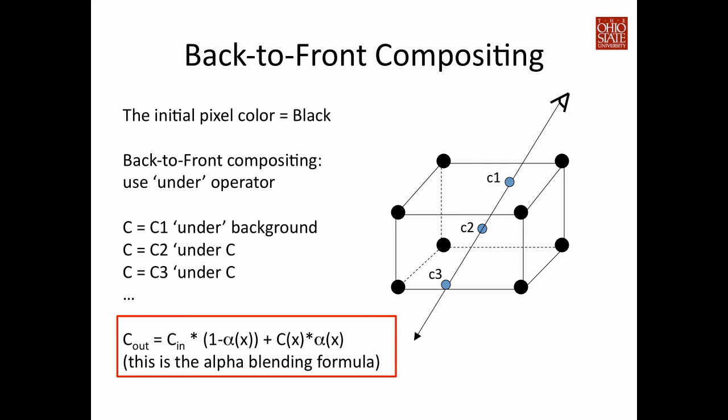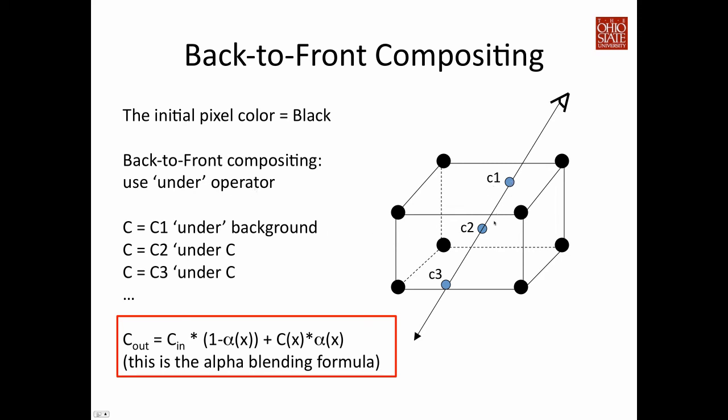So here I'm saying the new color C is C1 under the black color. Under means that initially it is black, and C1 is behind the black pixel. And I obtain the color C1.